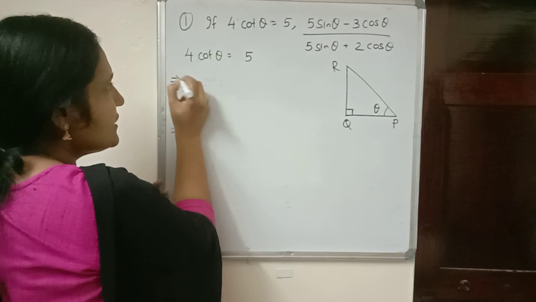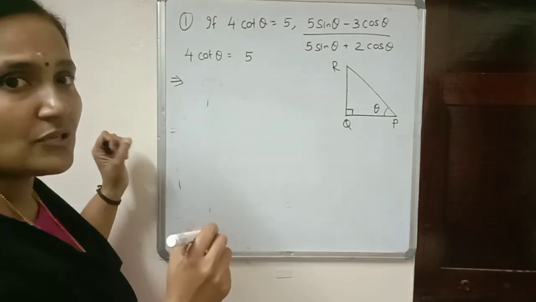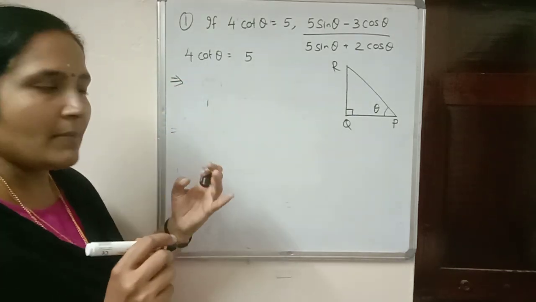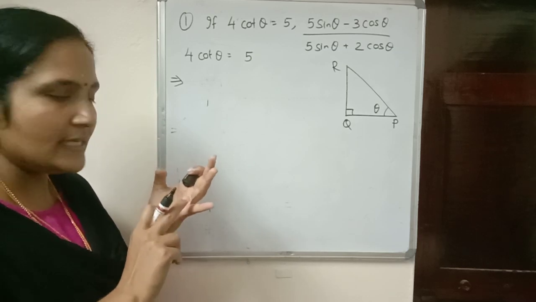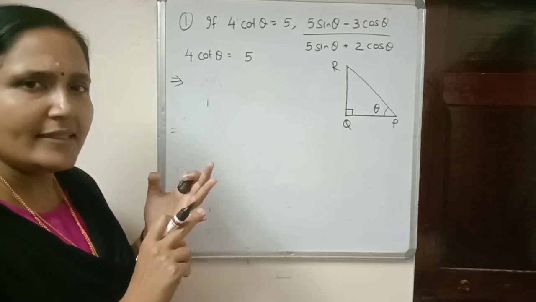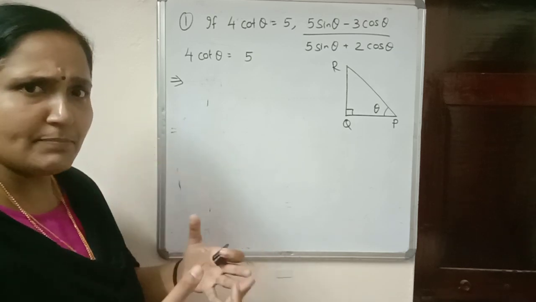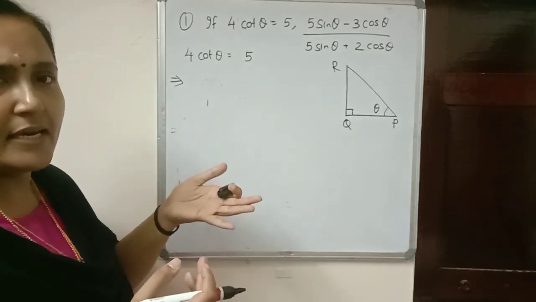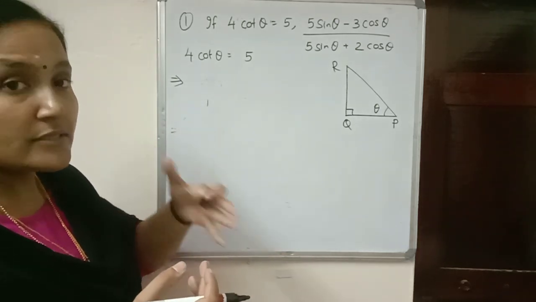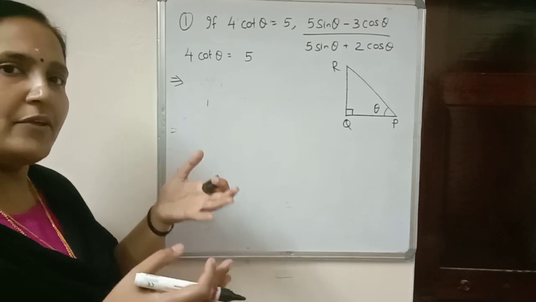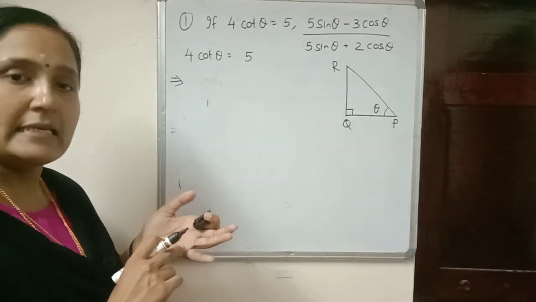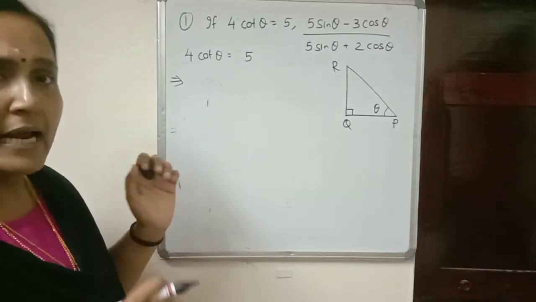My suggestion to the students: whenever the ratios are given, normally we remember the formulas for sin theta, cos theta and tan theta only. So whenever any other trigonometric ratio is given, you can use the concept of reciprocal and change it in terms of sin theta, cos theta or tan theta.